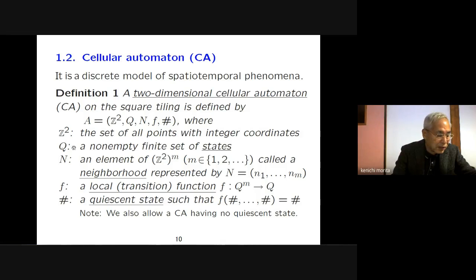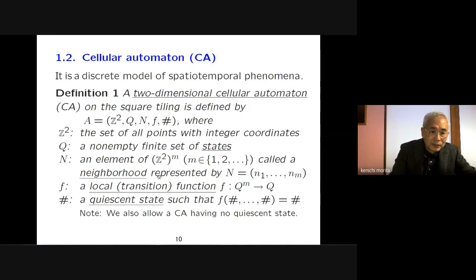Q is a non-empty finite set of states. N is an element of Z square to the mth, called a neighborhood. It is usually represented by an m-tuple of points, n1 to nm.